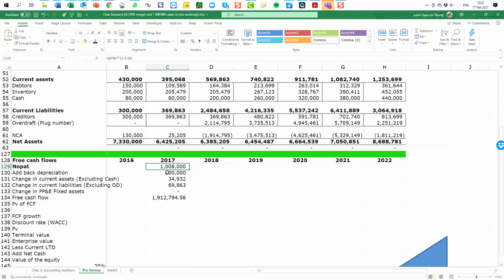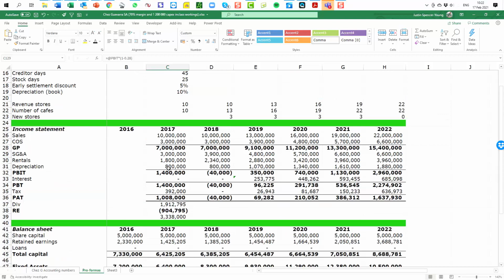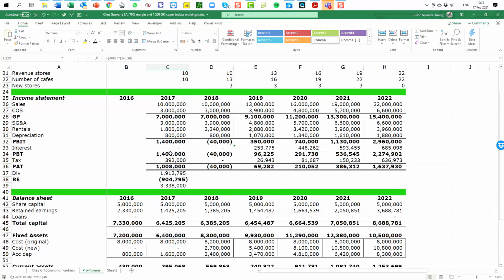So if we look at this NOPAT number, we would come back to the income statement and say, well, here's the operating profit. This is 1.4 million. Let's make an adjustment for the tax component, subtract out the tax, and what we're going to effectively end up at is the profit after tax number.